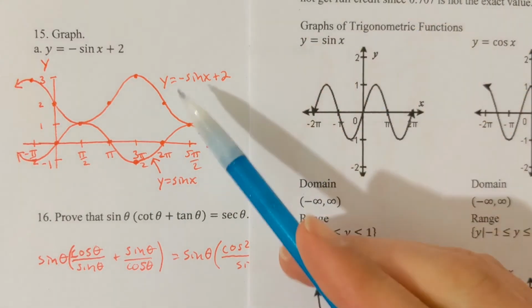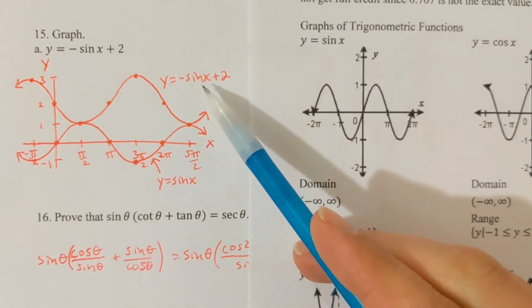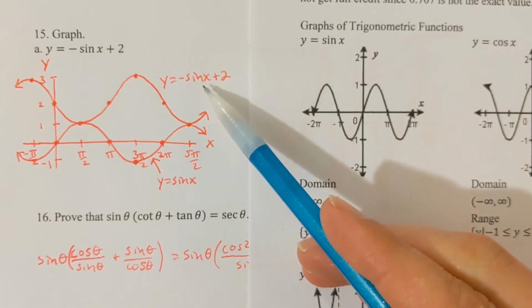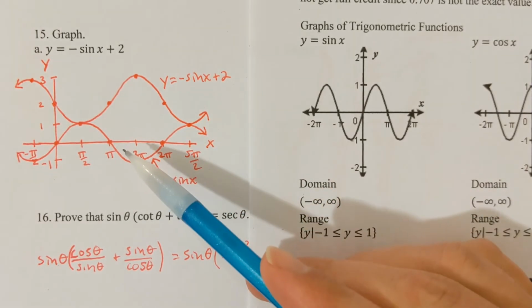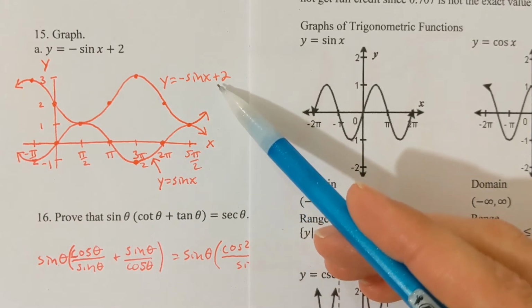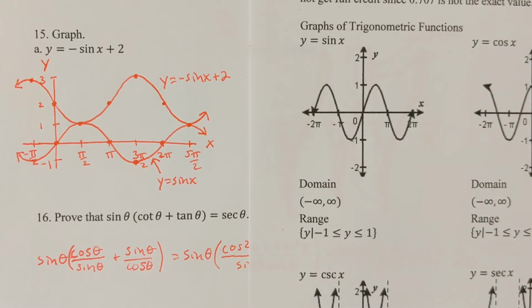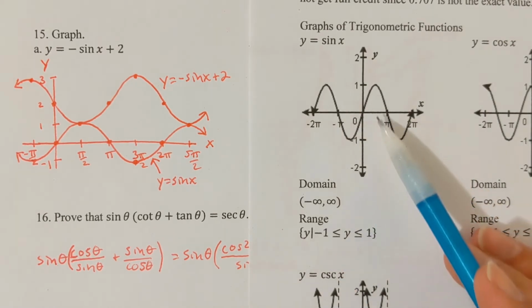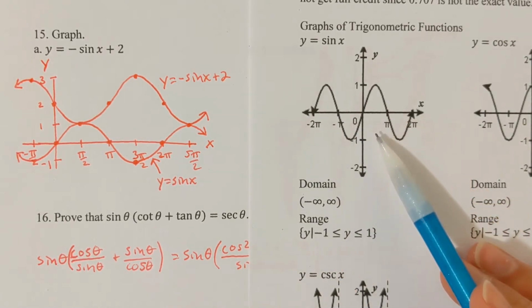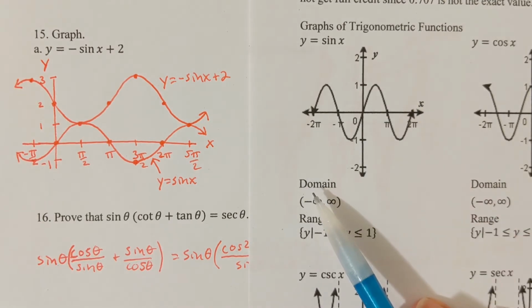The negative in front of the sine x means that you're going to reflect about x all these points, and then the plus 2 at the end means that you're going to shift up 2 units. So there are 2 transformations that are going to happen here with this curve: reflect about x and then shift up 2 units.